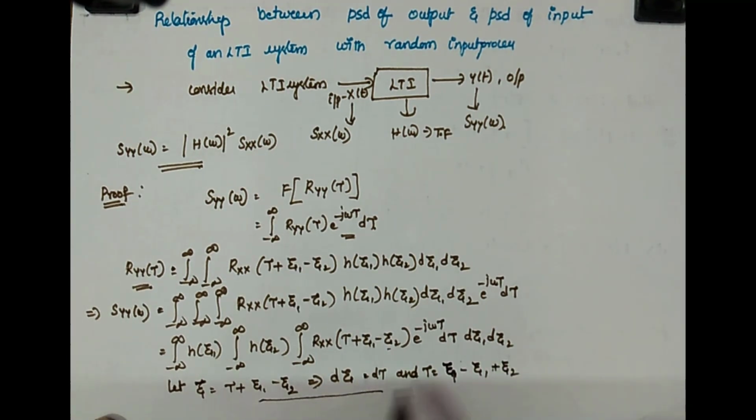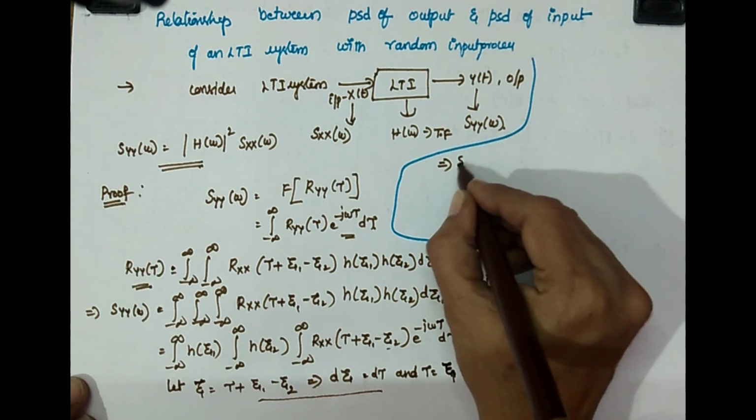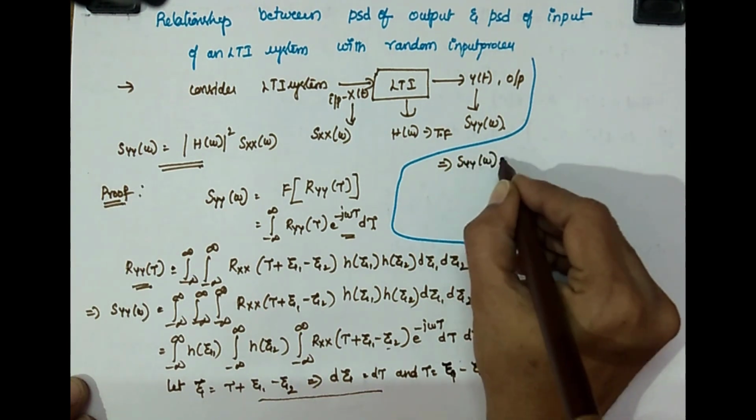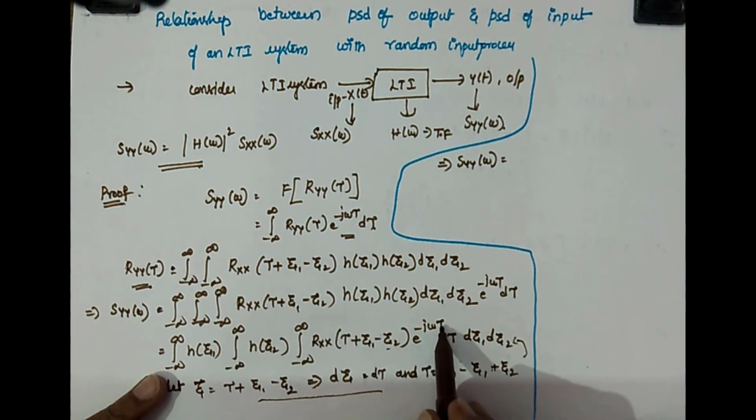Substitute all these things in the above expression. I'll get Syy of omega as, if you substitute tau is equal to delta minus delta 1 plus delta 2, just substitute here.